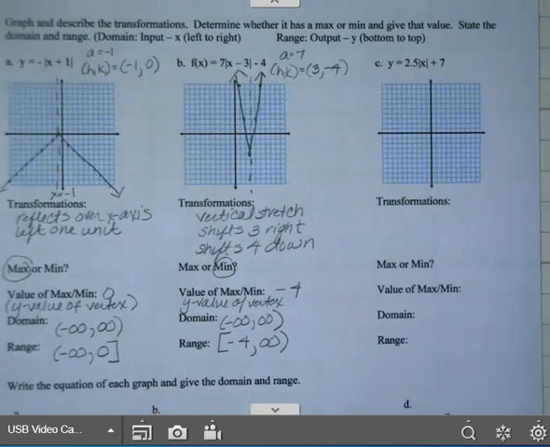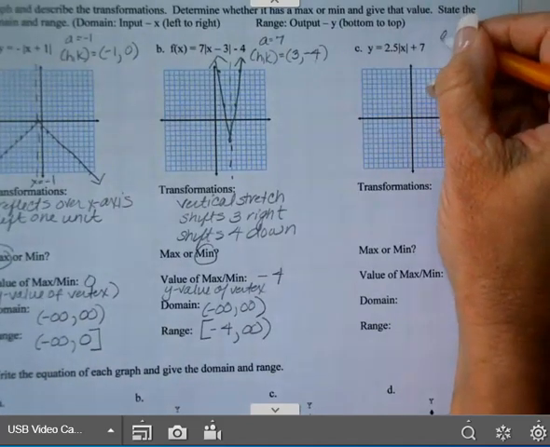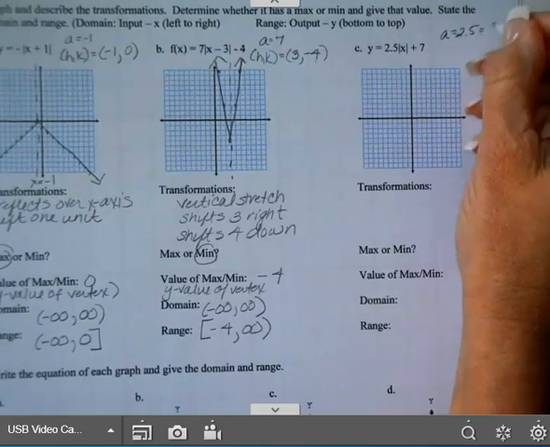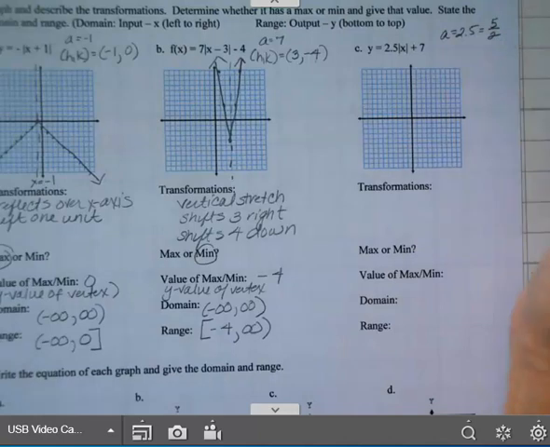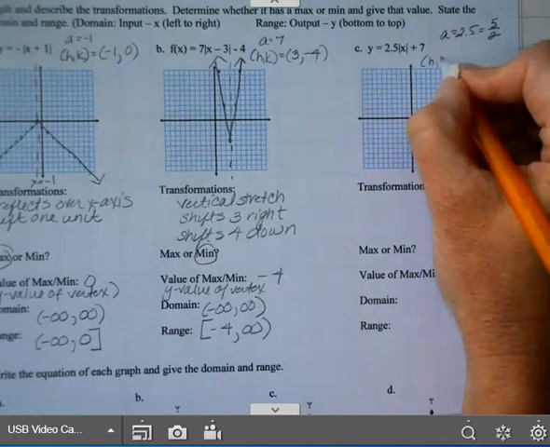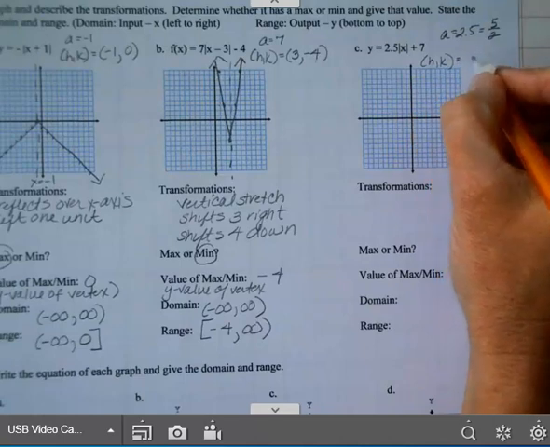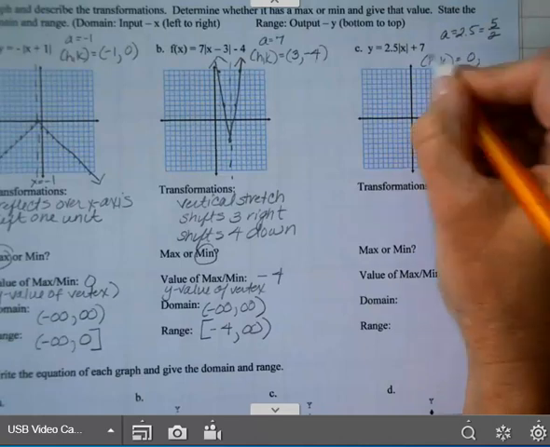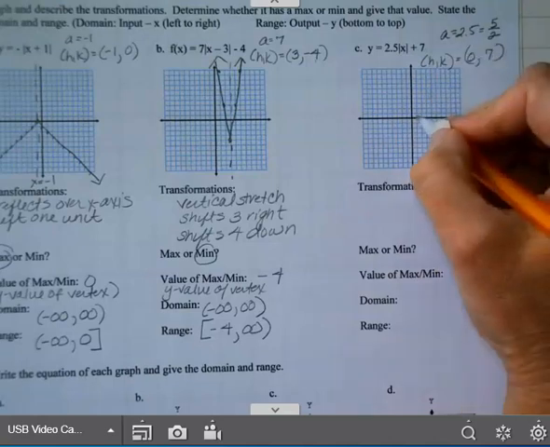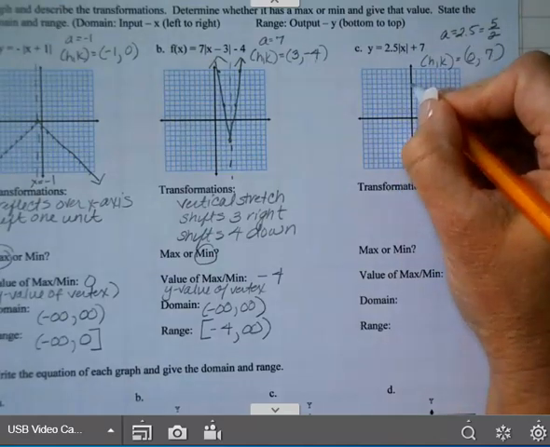My next graph, A equals 2.5. I'm going to write that as 5/2. And then my HK is 0. There's nothing in here with X. And then K is 7. So 0, 7 is located right here.